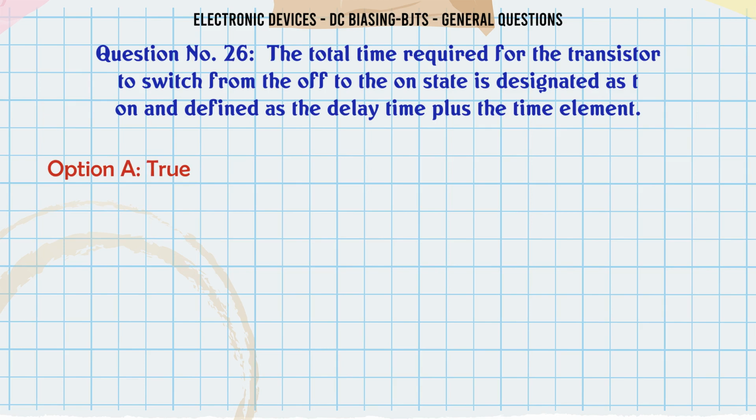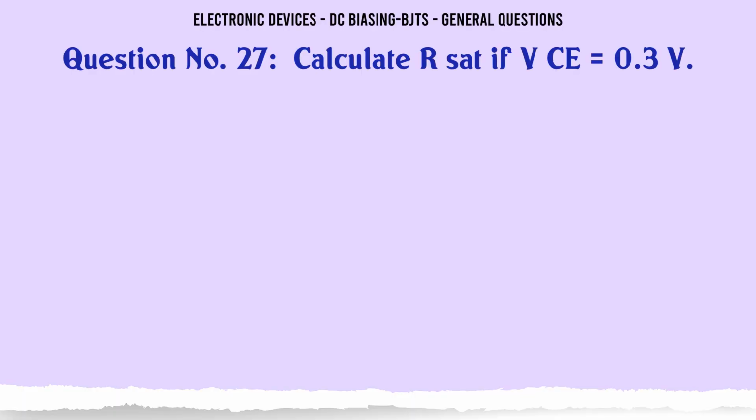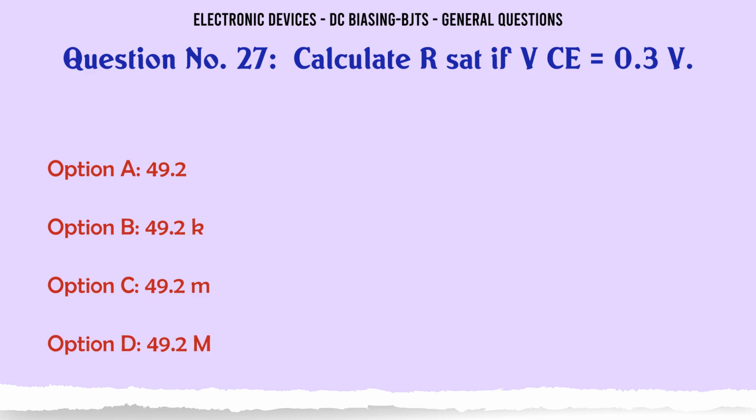The total time required for the transistor to switch from the off to the on state is designated as T on and defined as the delay time plus the rise time element. A true, B false. The correct answer is true. Calculate RSAT if VCE 0.3 V. A 49.2 Ω, B 49.2 kΩ, C 49.2 MΩ.